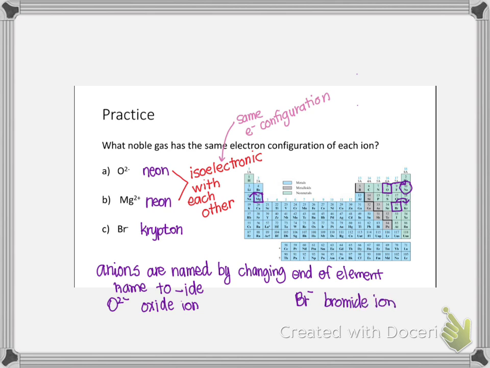So for anions, the name changes from the element name. Cations are named the same as the element. I have one example here, which is magnesium.